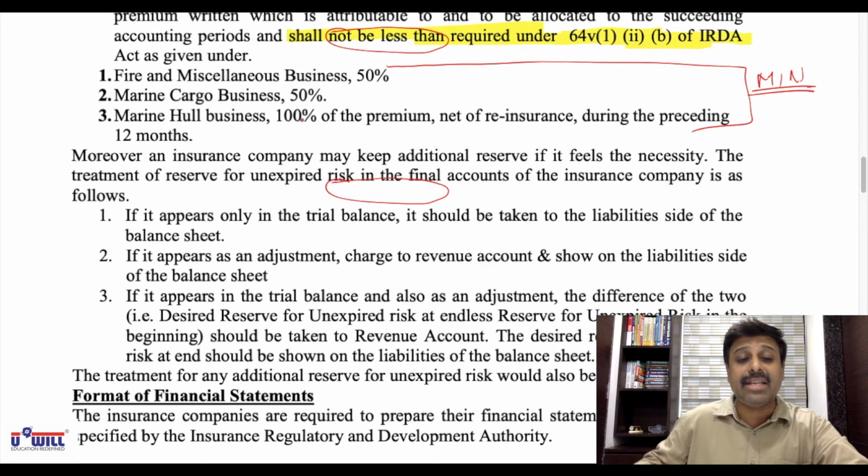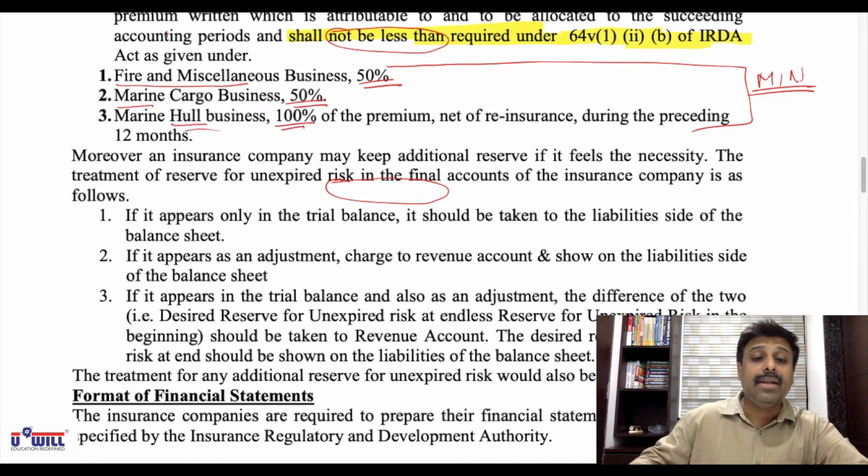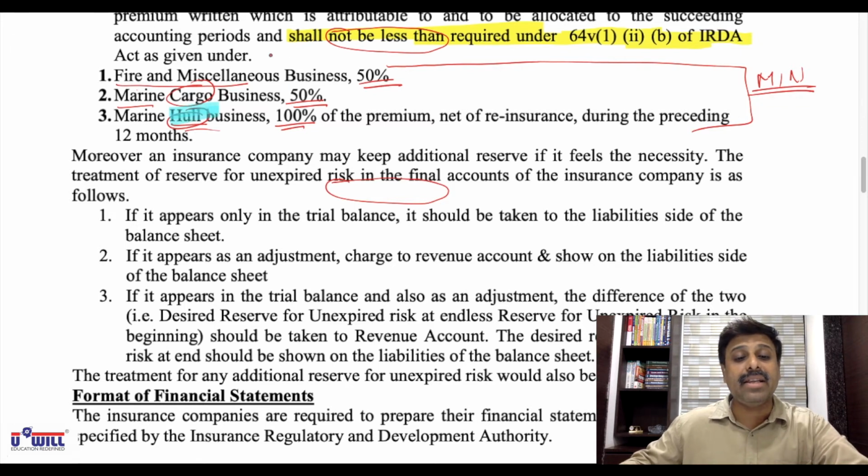What percentage? Fire and miscellaneous business 50%, marine cargo business 50%, and marine hull business 100%. Now in marine you will see there are two categories. So if nothing is mentioned, you take it as marine hull business. I repeat, if nothing is mentioned, then you take it as the category of marine hull business.